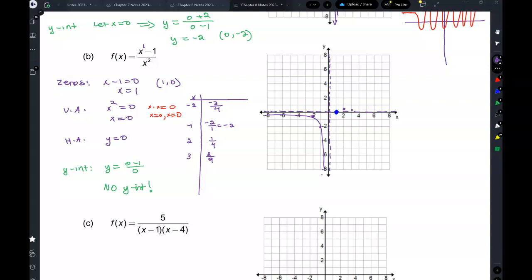When I plug in 4, I get 3/16, which is even smaller. So it looks like this: it goes up a little bit, and then curves back down. Isn't that cool? Would you ever have guessed you'd be able to graph that without a calculator?